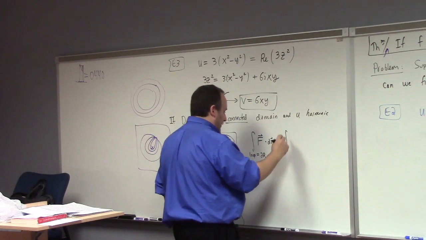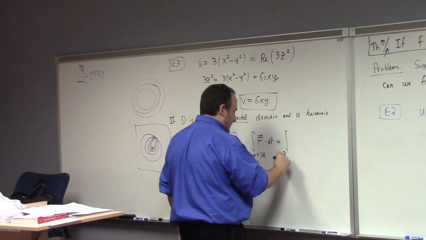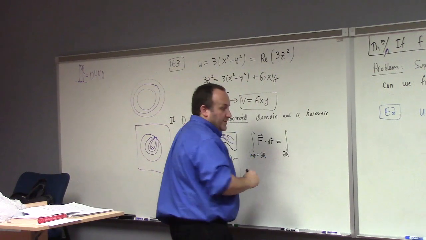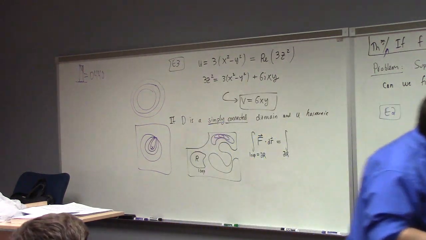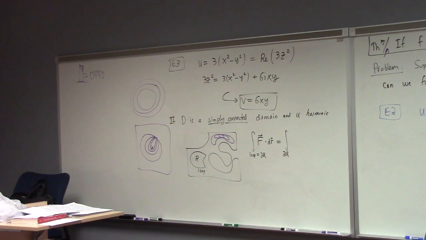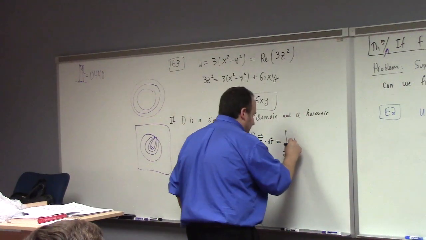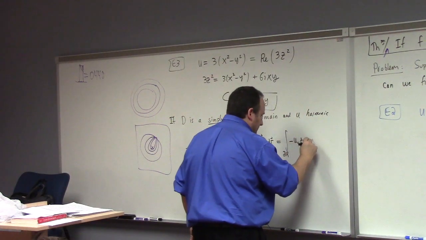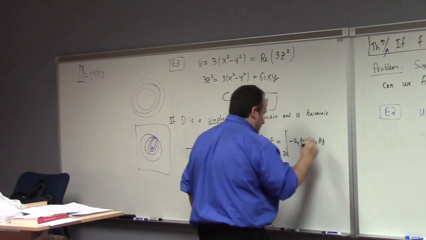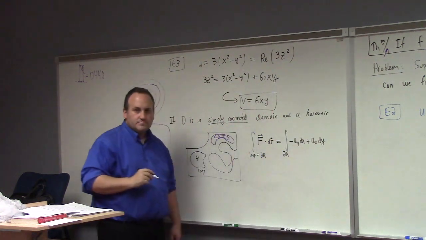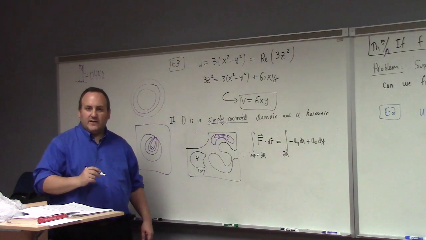Well, first of all, let me just write out the details. That's the integral around the boundary of R. What was my F? Minus uy dx plus ux dy. And then what can we do?